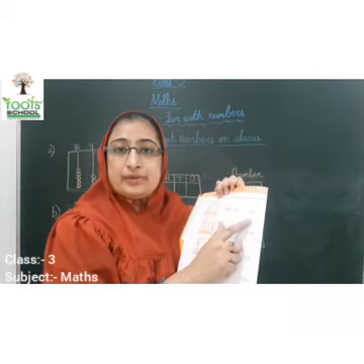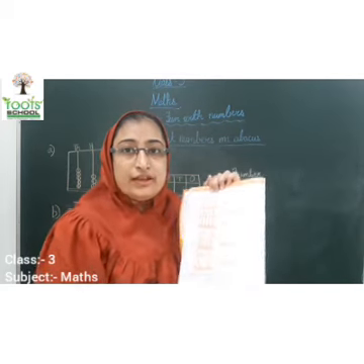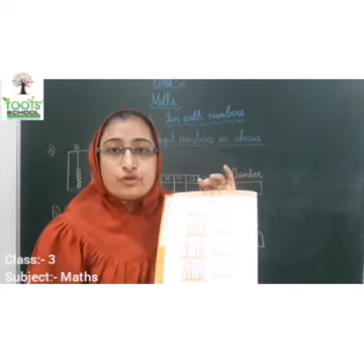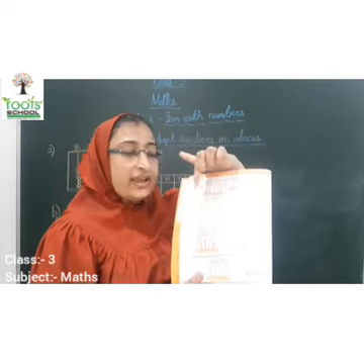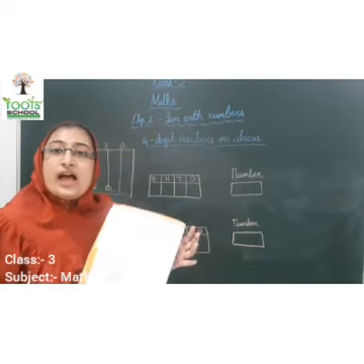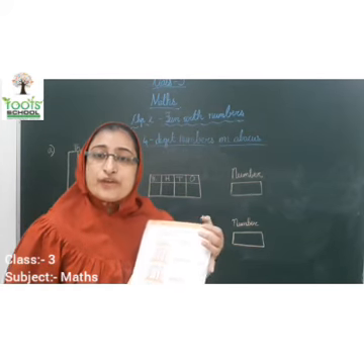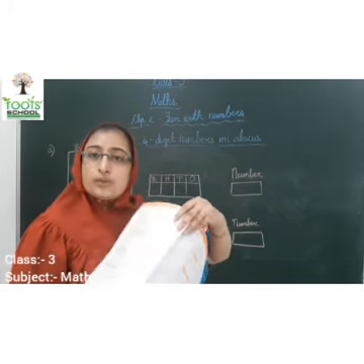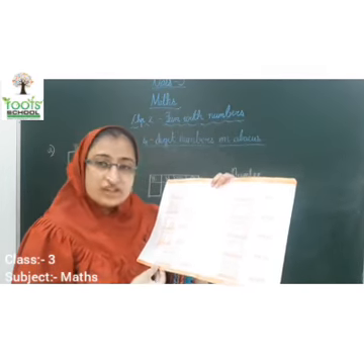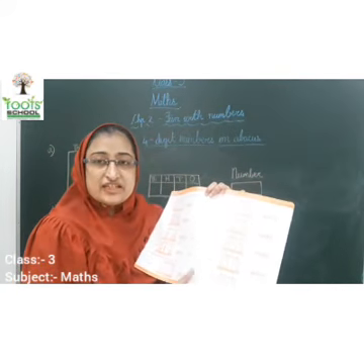There are 2 columns which you have to fill. I have drawn sum number A and sum number B on the board. I will show you how to solve this, and rest sums you have to solve in the workbook itself. You have to do page number 14 and page number 15.